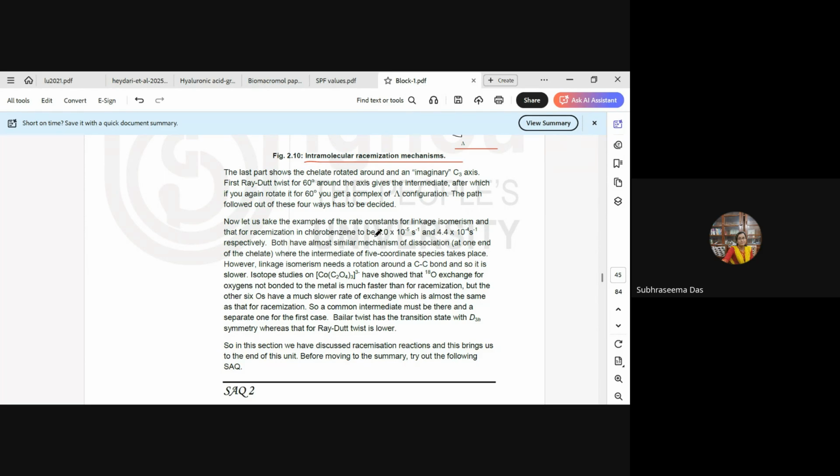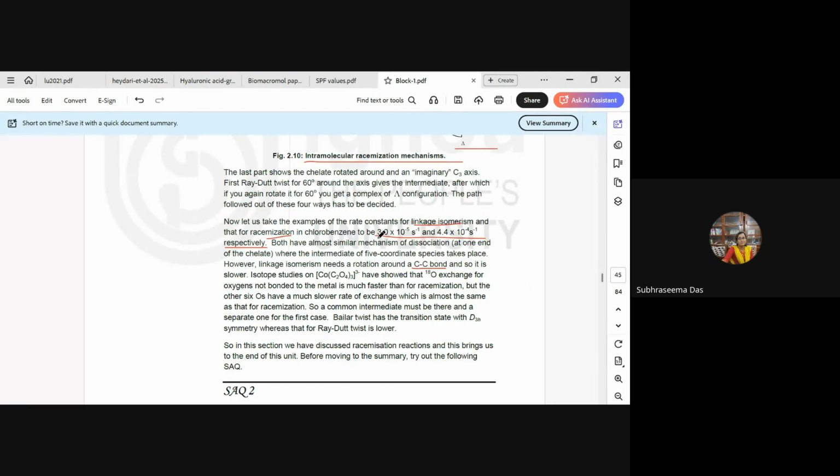Now let us take the examples of the rate constants for linkage isomerism and racemization, which have been found to be as shown. Though a similar mechanism of dissociation occurs for linkage isomerism and racemization, the rate constants are much different, because linkage isomerism needs a rotation about the C-C bond, so it is slower.